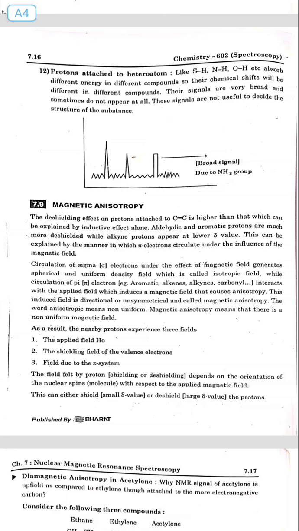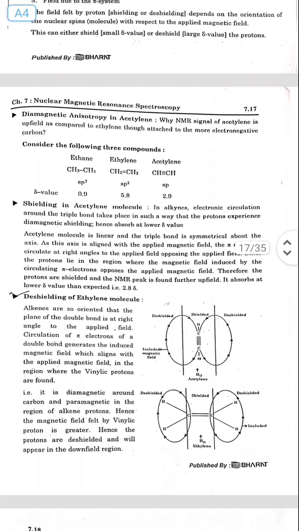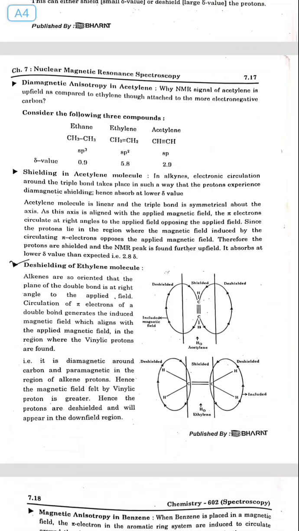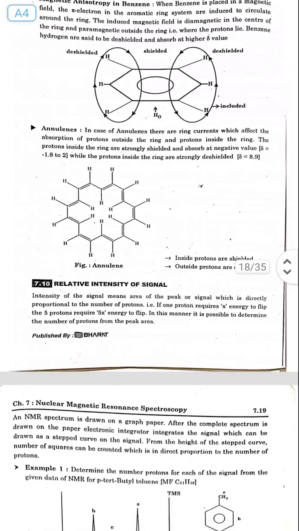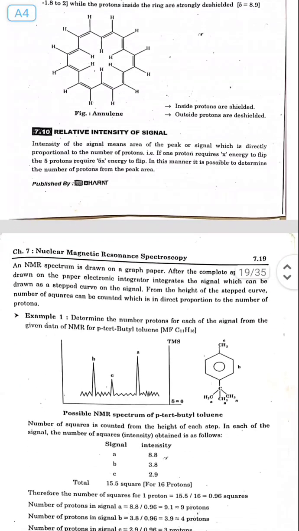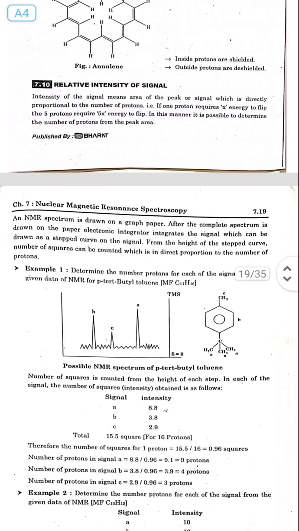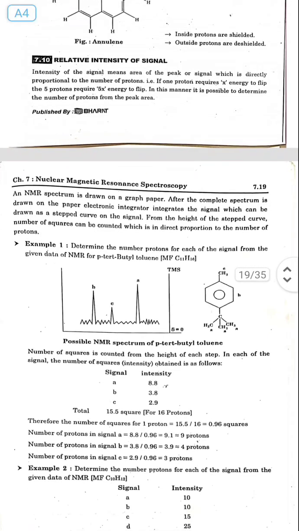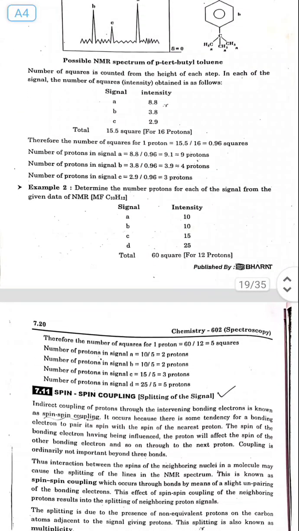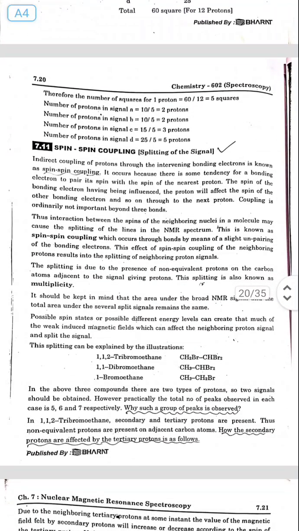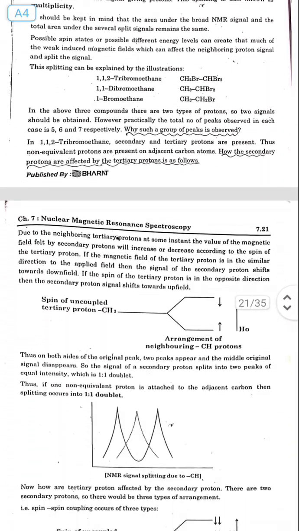Okay, this is magnetic anisotropy. They are all shielding and deshielding effects. Listen carefully and read carefully, as this helps for your exam and studying also. Remember the relative intensity of a signal, and also spin coupling, okay?